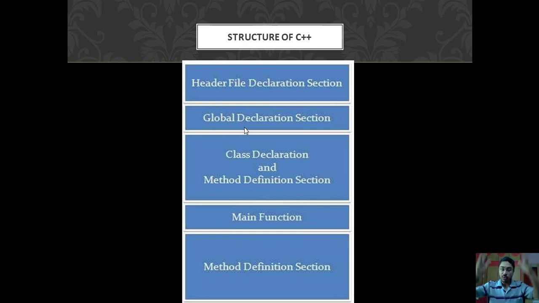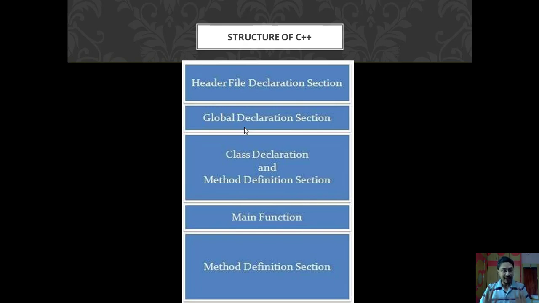The limitation is only the entire program. Throughout the program, anywhere I can use that variable name or identifier. Whereas a local variable is limited only to that function. Only for that function it will be applicable. Outside of that function it will not be applicable.